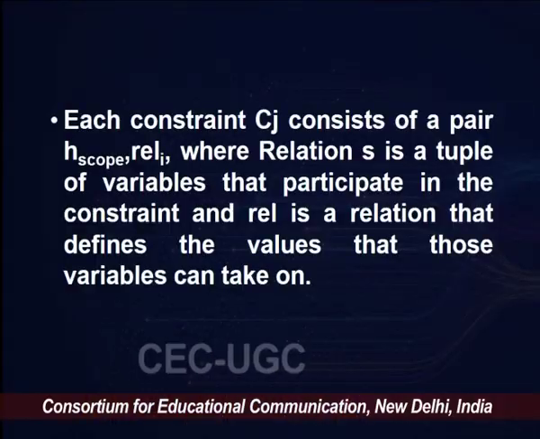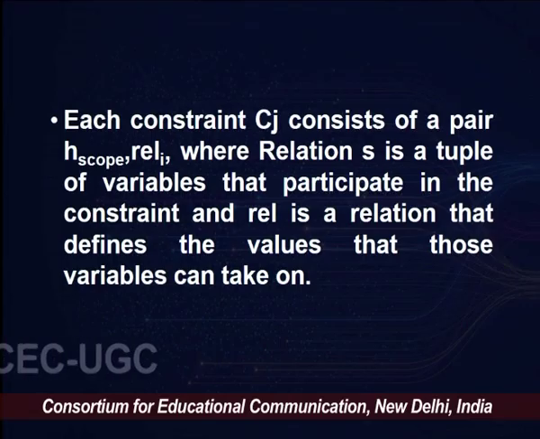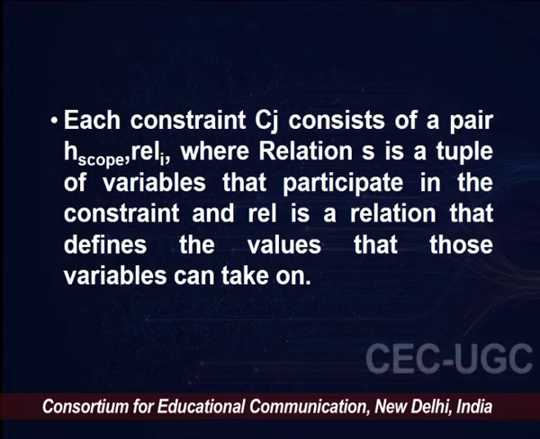Coming to the constraint, let us say we have a constraint Cj, which consists of a pair, scope and relation rel. The scope is a tuple of variables that participate in the constraint, and the relation defines the values that those variables can take.